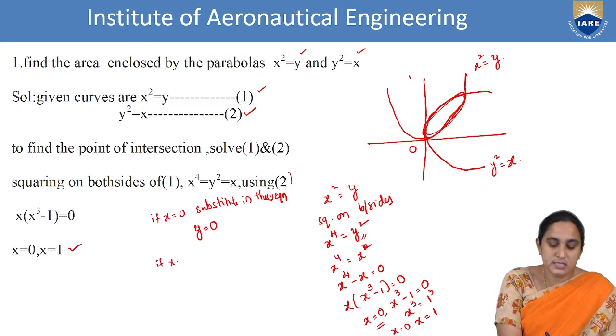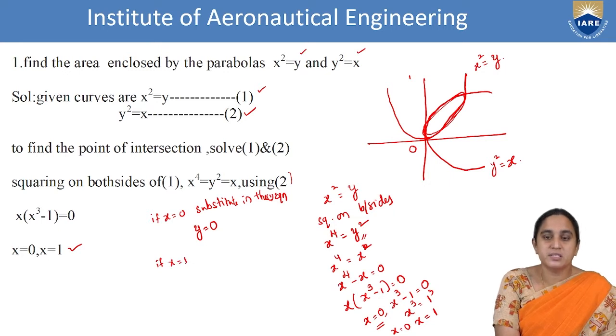If x is equal to 1, again substitute x is equal to 1 in the first equation, we get y is also 1. Therefore, if we take x as 0, we get y is 0. If we take x is equal to 1, then y is equal to how much? 1.